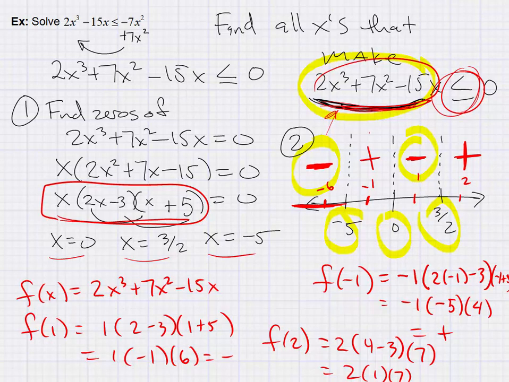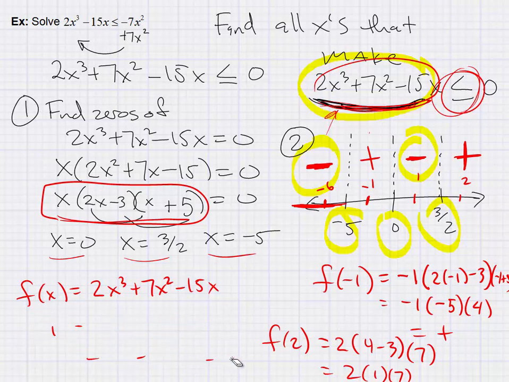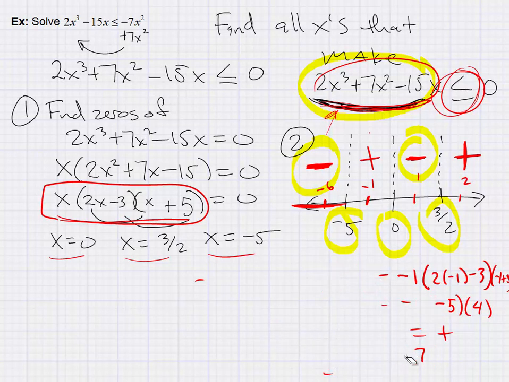So if I write that down in interval notation, I'm going to say that I want my solution to be negative infinity to negative 5.